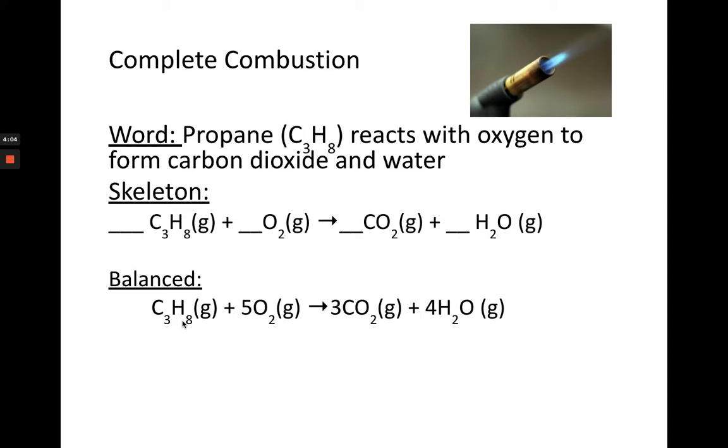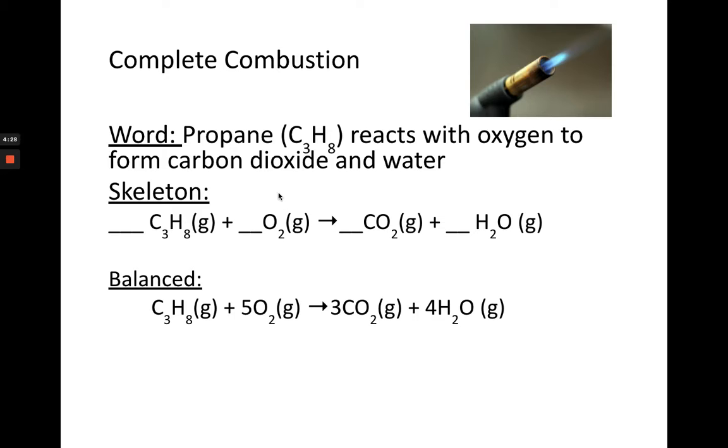We had 8 hydrogens, so we put a 4 here, giving us 8 hydrogens here. Then we just need to go back and see how many oxygens we had on this side. Well, we had 6, and 4 is 10, and that's where the 5 here, 10, is balanced. So with hydrocarbons, you always start with the carbon and the hydrogen because they're only in one place. You balance them, and then you go back and you balance the oxygens.